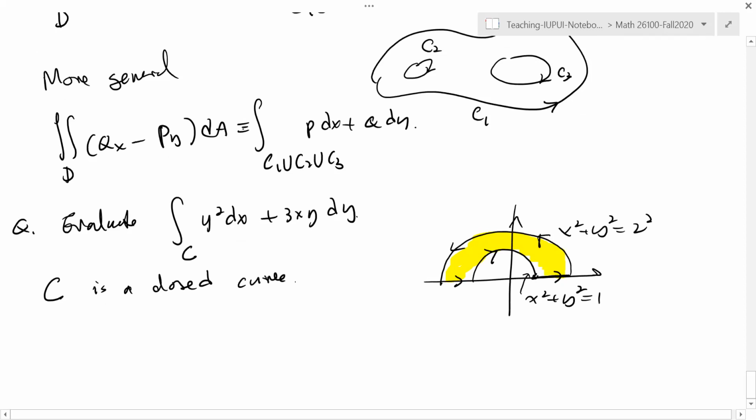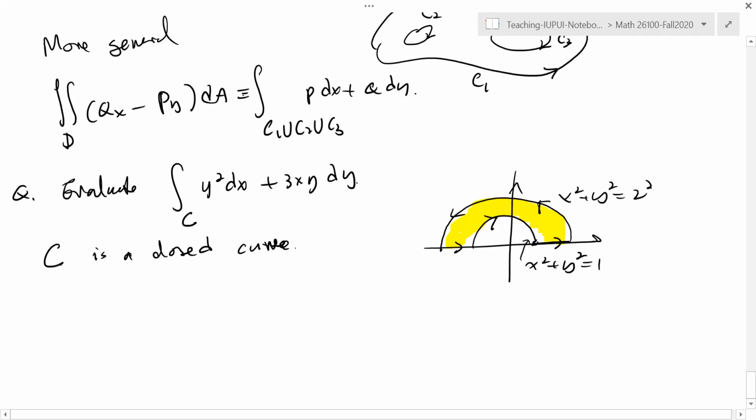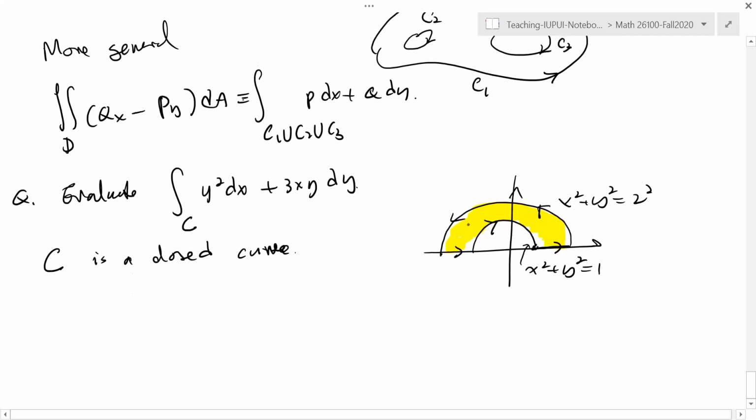Now this closed curve is actually a simple curve. That means the domain enclosed by this closed curve is simply connected. So for this line integral you can apply Green's theorem.